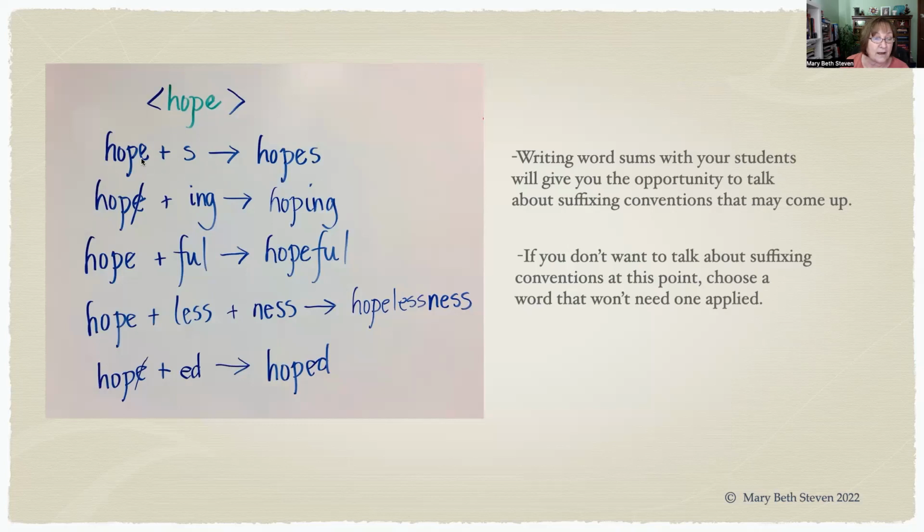So we go back. This is a single final non-syllabic E, but this is a consonant suffix, no change. Okay, is rewritten as HOPE-S. Slight pause between HOPE and S. I want my students to become aware that those are two morphemes, and that slight pause does that.